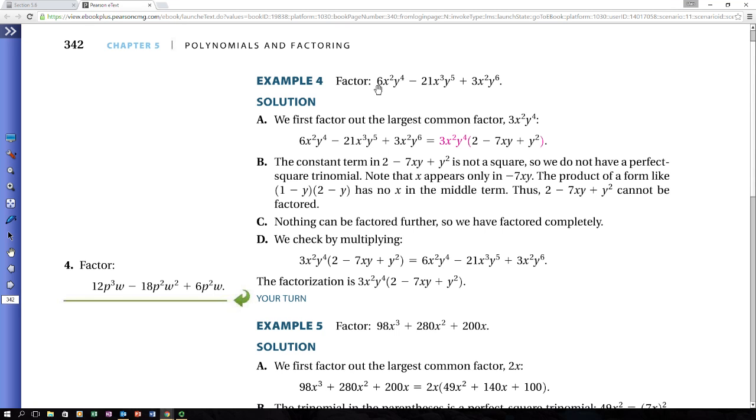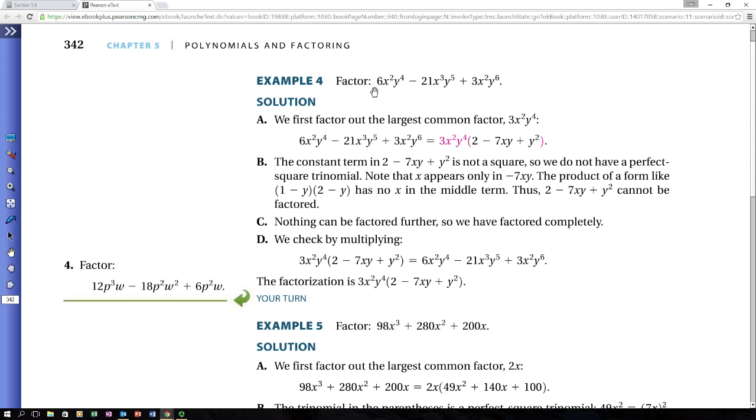So I would say 6 is 2 times 3, 21 is 3 times 7, and 3 is 3 times 1, right? That prime is 3. Then I can see there's a 3 factor in each, so I make sure that I do that. Again, I recommend that as a very good strategy to make sure I catch my largest common factor.